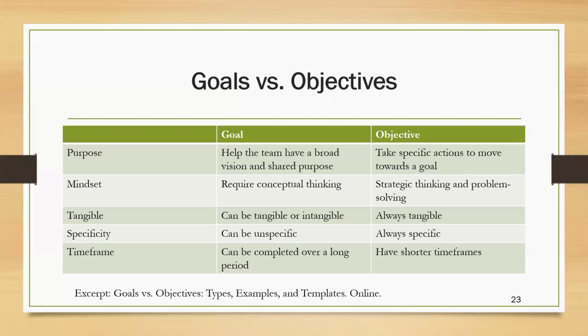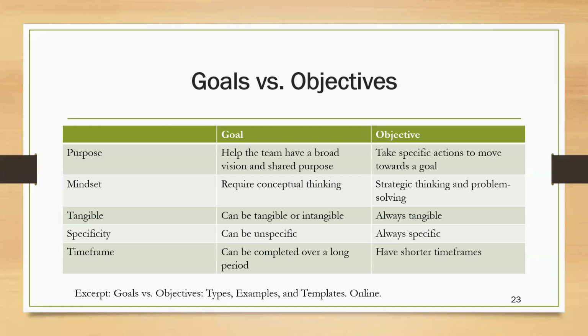So goals versus objectives. The purpose for goals are to help the team have a broad vision and shared purpose, whereas objectives take specific actions to move towards a goal. Mindset. Goals require conceptual thinking. They can be more difficult to shape and shape well. Objectives require strategic thinking and problem solving. Goals can be tangible or intangible.